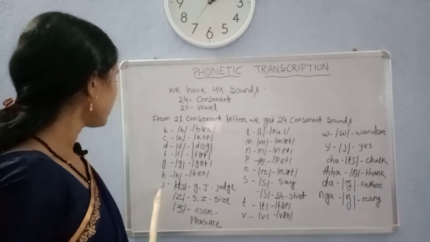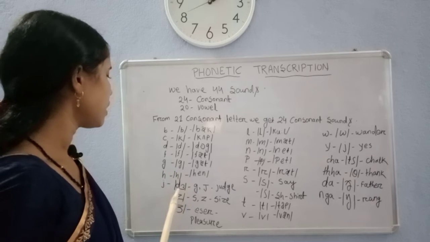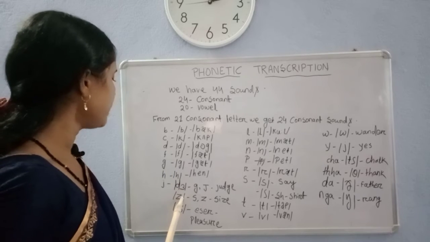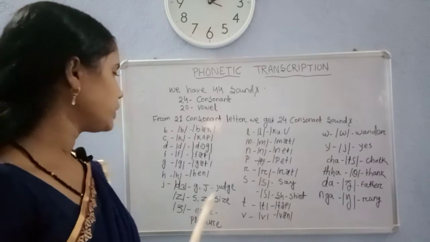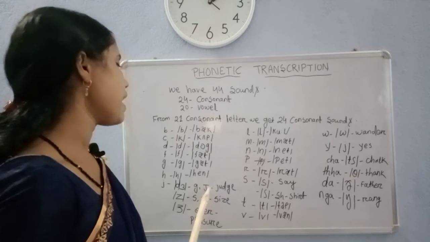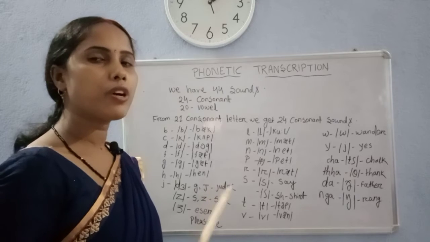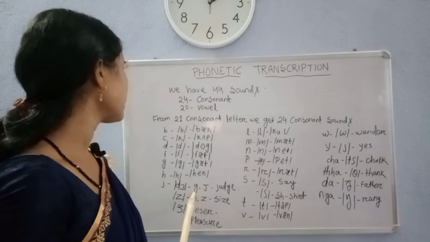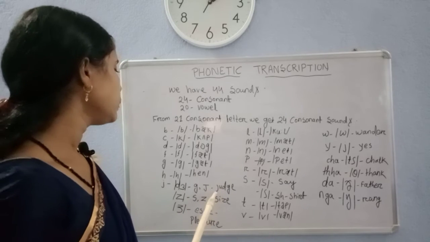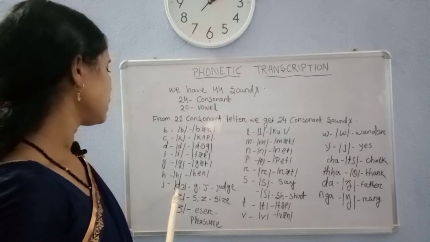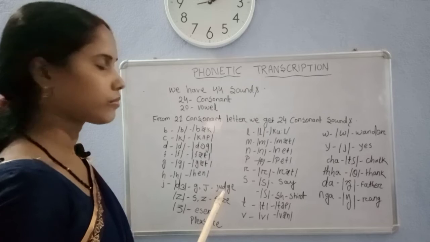See here, for J, there are 3 sounds written as D3, Z and O. When any word starts with G or J and is pronounced as jo, there you have to write this D3, as in the word judge.